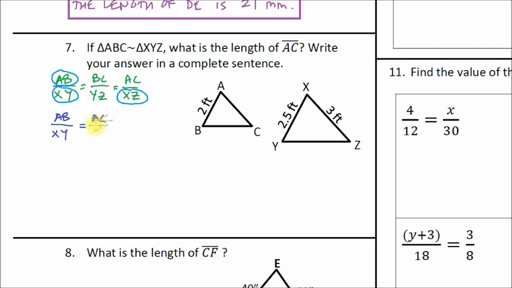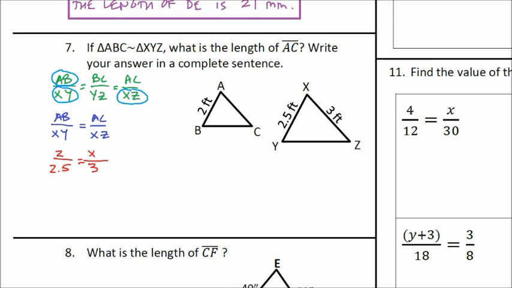And then we're going to pick the ratio that has the unknown side that we are looking for. Alright, let's plug in our values. AB is equal to 2. XY is equal to 2.5. AC is our unknown side. And XZ is equal to 3.